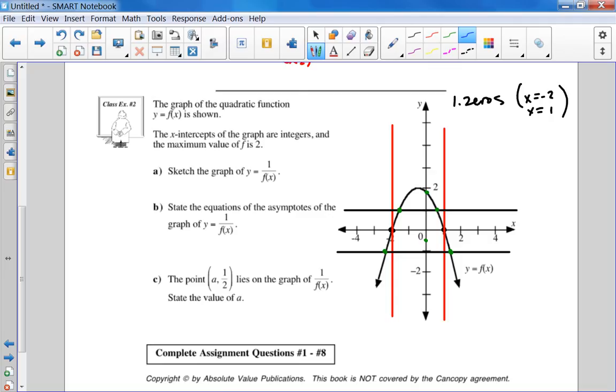Start at the invariant points. Let's start on the far left. What should I do? Should I go towards the x-axis, towards the red line? Towards the red line, what do you know is going to happen? As this goes left, the original goes down going left, so it's got to go up. Sketch that in.